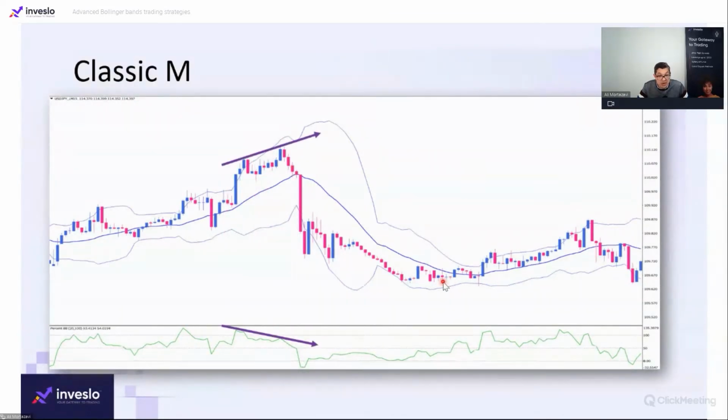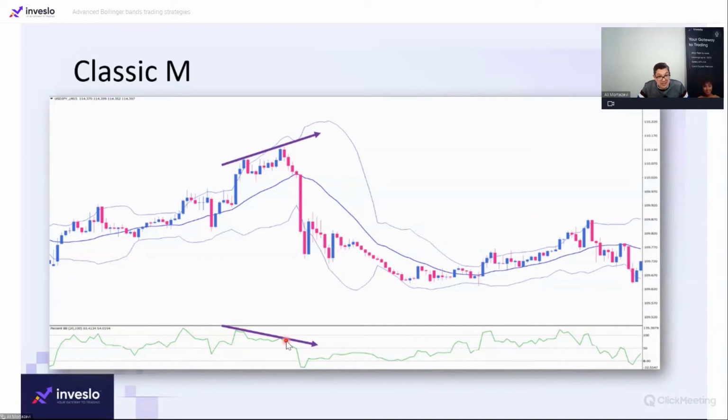But again, the important thing here is that at the end of an uptrend or upward movement, we need to see the oscillator doesn't confirm the price rising, which appears as percent B making a divergence.